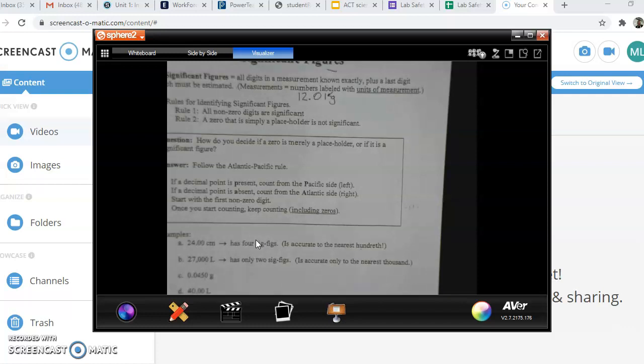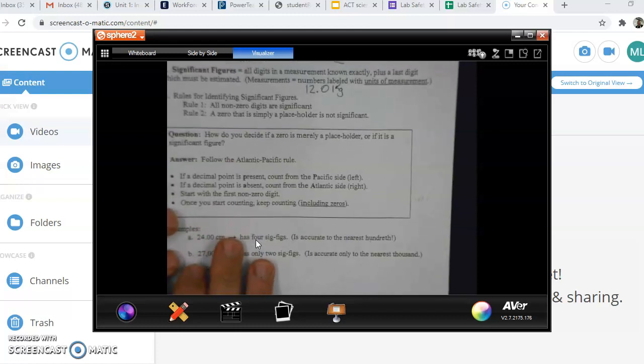Now, could this be 12.02? Could it be 12.03? Yeah, maybe sometimes it could, because that last number might be flickering up or down. So that is why we have that as an estimated digit.